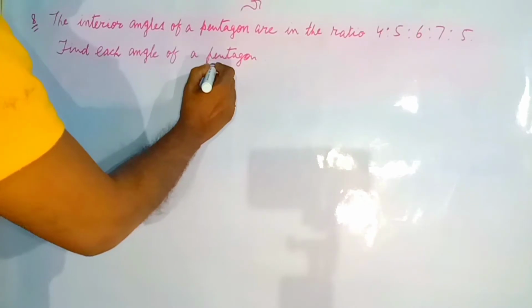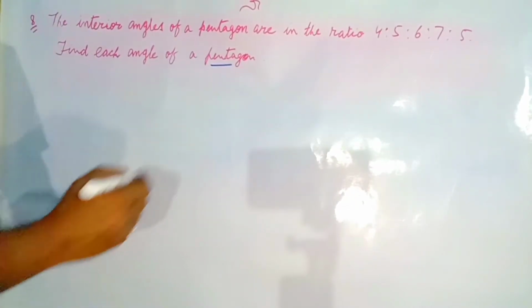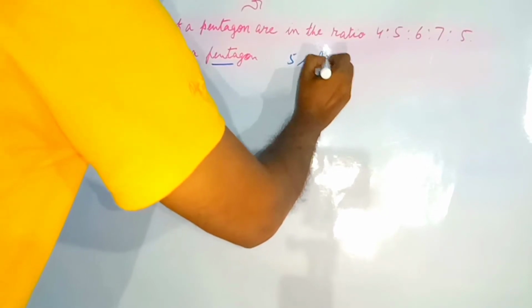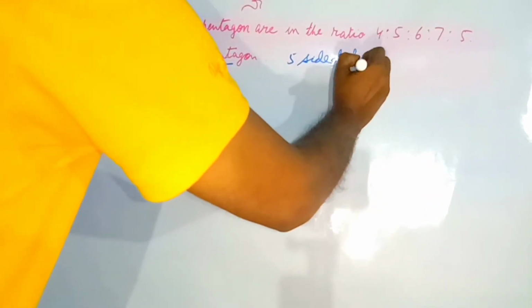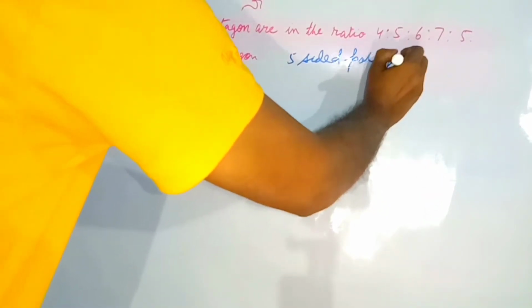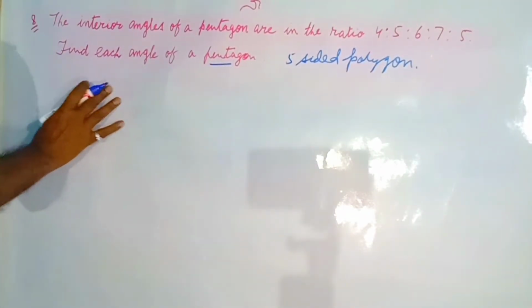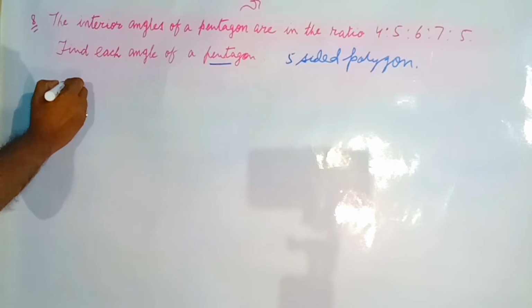First, you must know what a pentagon is. A pentagon means a five-sided polygon. Then first we will find the sum of the angles of a five-sided polygon.